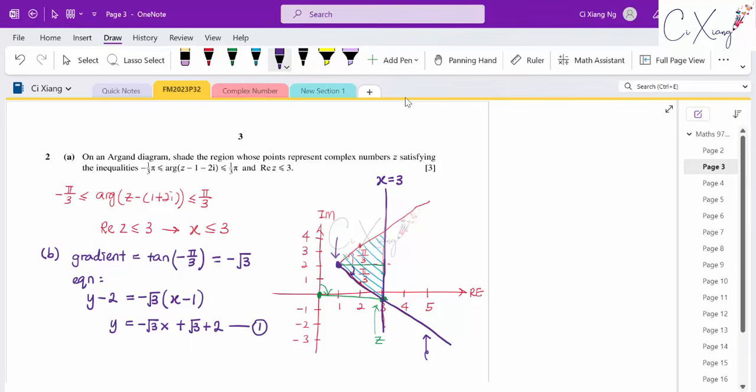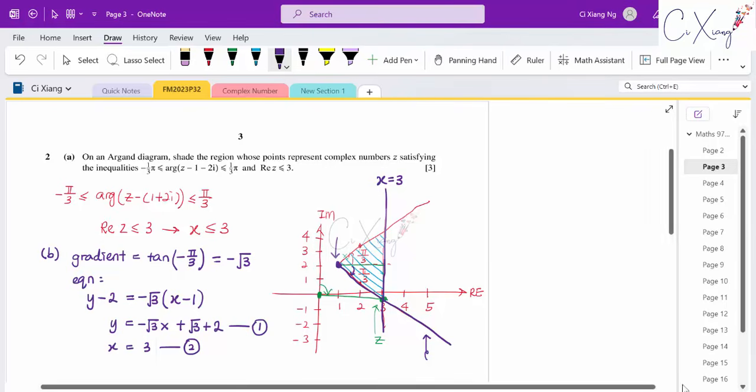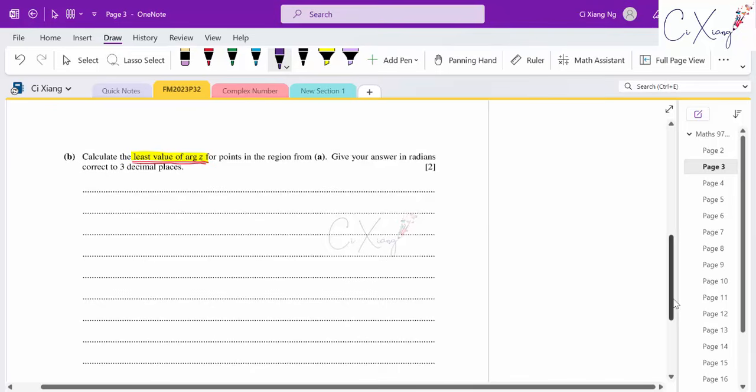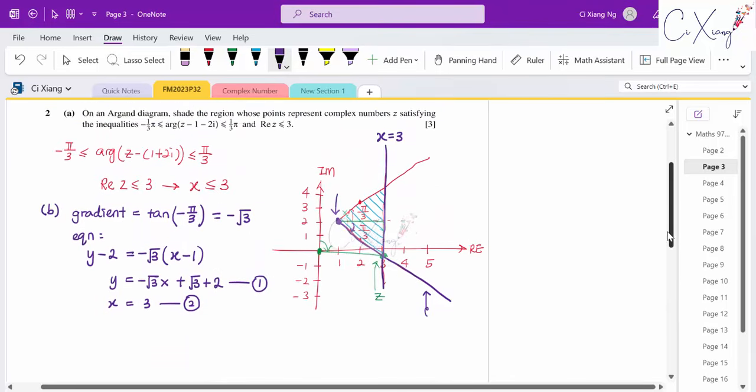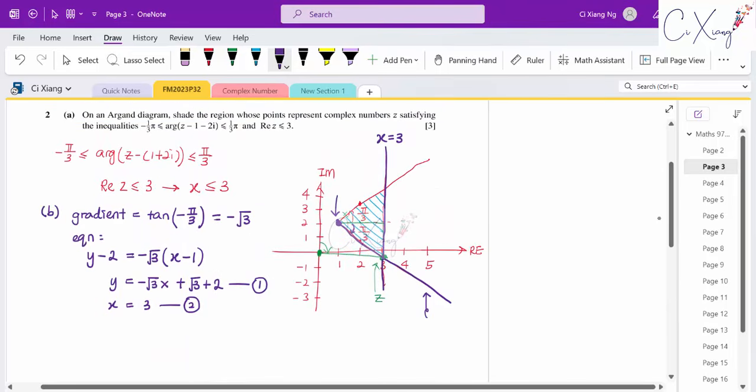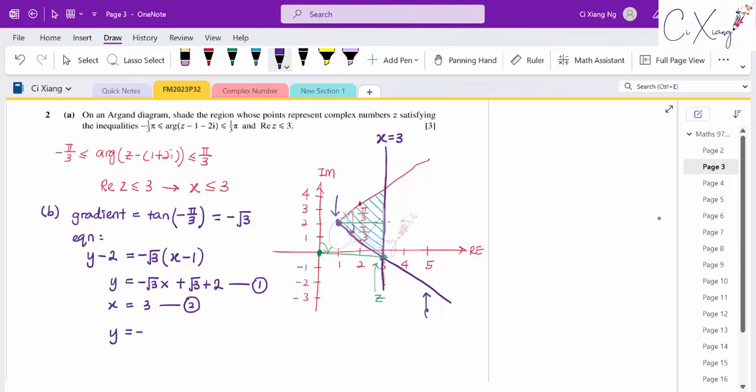And since z is the intersection point with x equals to 3, right? So x equals to 3 will be my second equation. So to find the intersection point, I can solve the equations simultaneously. So I substitute equation number 2 into equation number 1. And therefore, I'm having y equals to negative 3 square root 3 plus square root 3 plus 2.